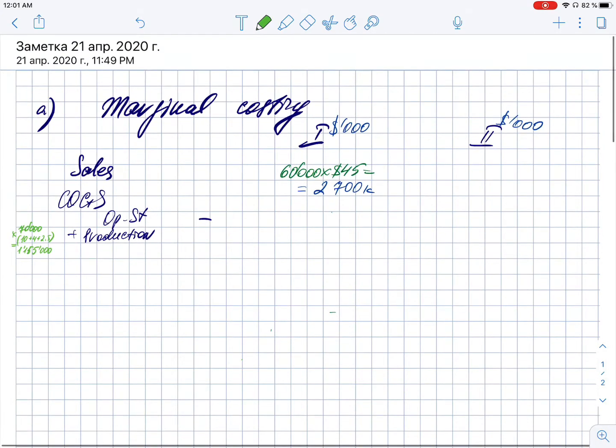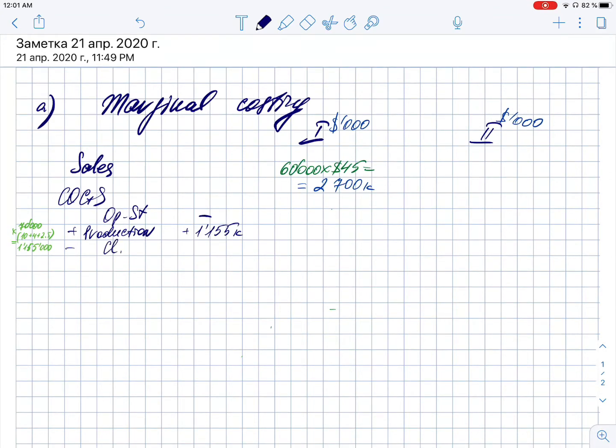So here in production line, we have to have $1,155,000 of production costs.